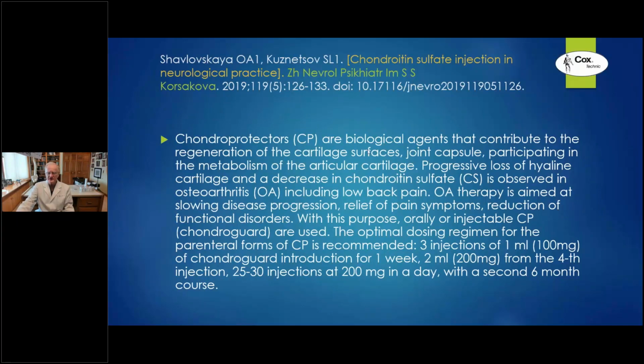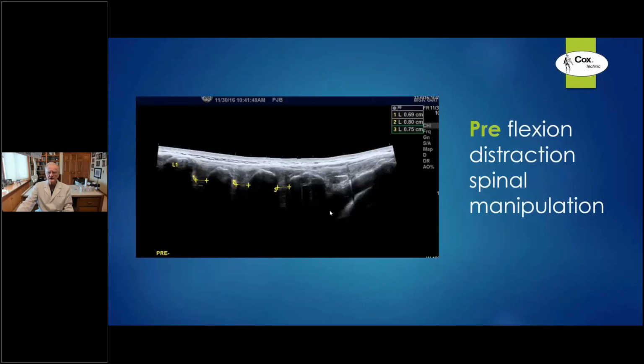These chondral protectors: there's a progressive loss of cartilage and decrease of chondroitin sulfate in osteoarthritis with low back pain. So they found the optimal dosing regime, and when they gave them that, there was a progression of relief of pain and reduction of functional disorders in people who were given chondroitin sulfate.